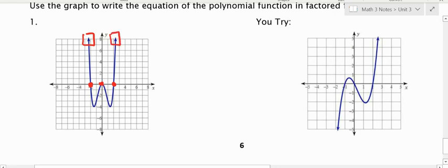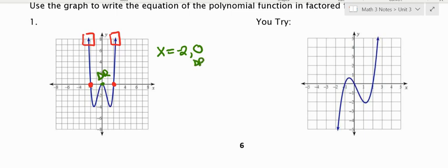But you might only see 3 roots. And part of the reason for that is because, like we talked about in a previous section, when it touches the axis, this counts as a double root. This counts twice. So when I write my roots out, I have negative 2, I have 0, which is actually a double root, and I have positive 2.